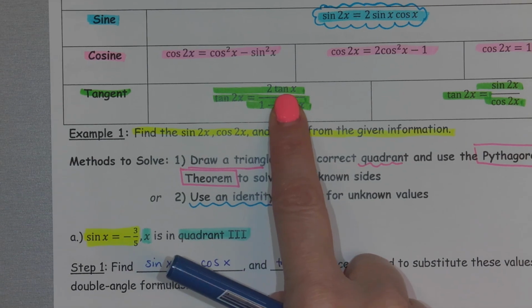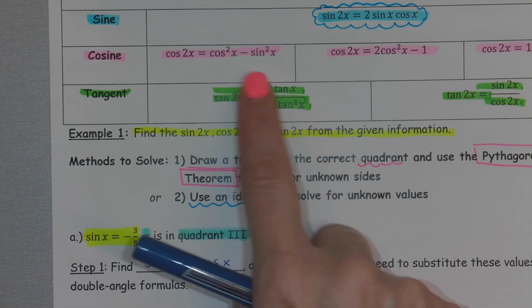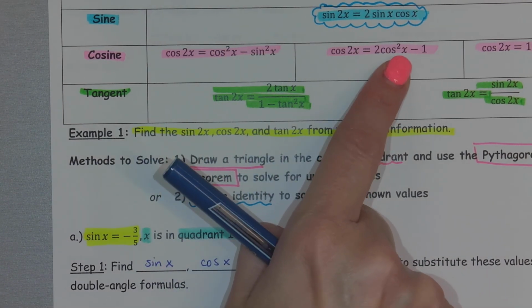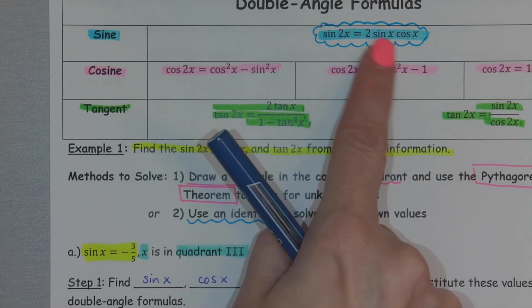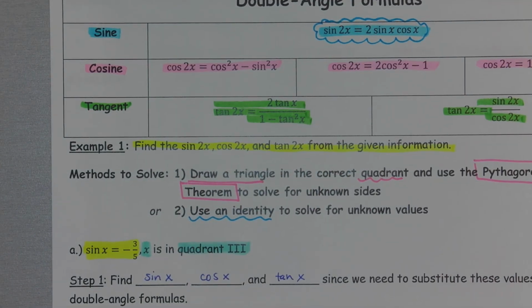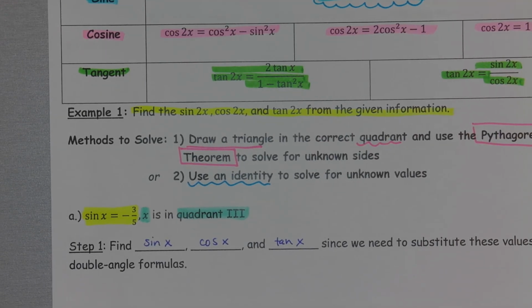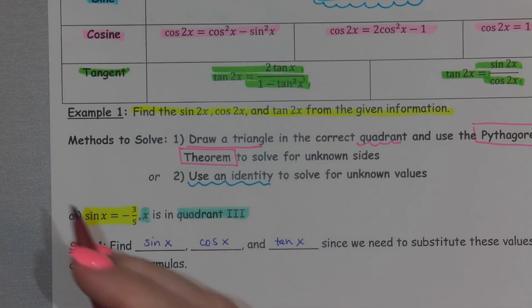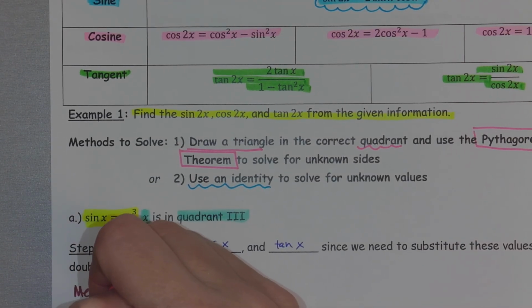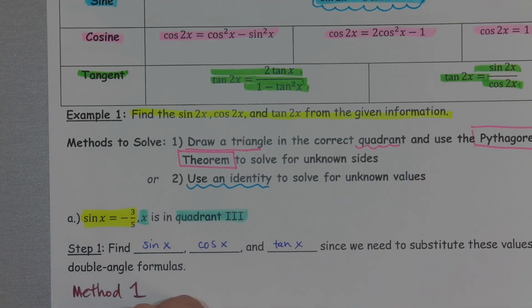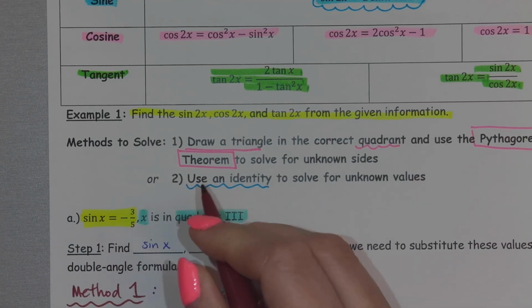So to use the tangent double angle, we need the tangent of x. To use this, we either need the cosine or the sine. This one, we need the sine and the cosine. So we have to find those if we are going to use the double identities. Okay, so we're going to do method 1 first. Okay, so method 1 is the triangle method.